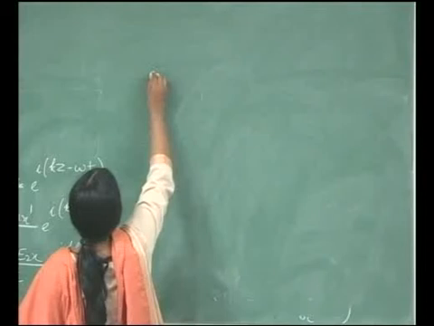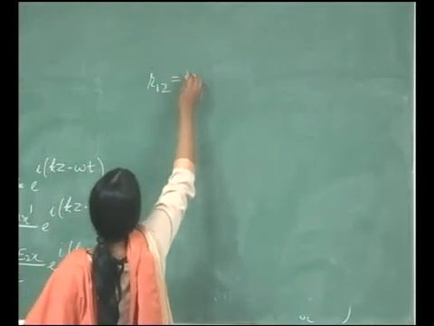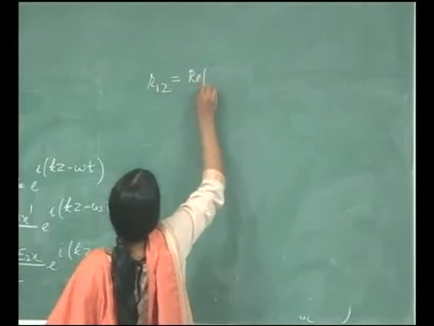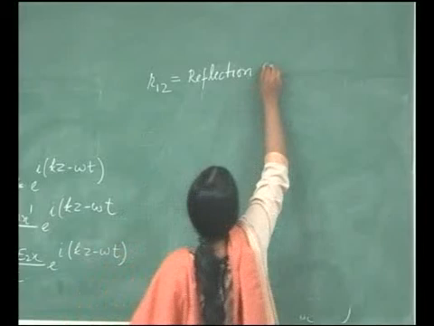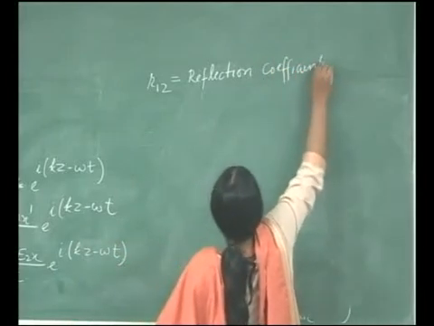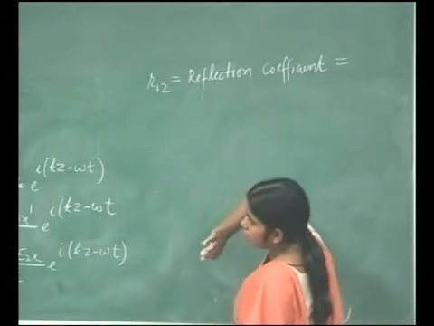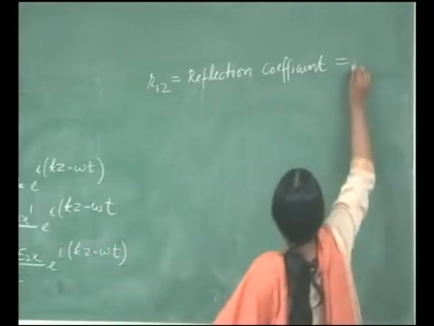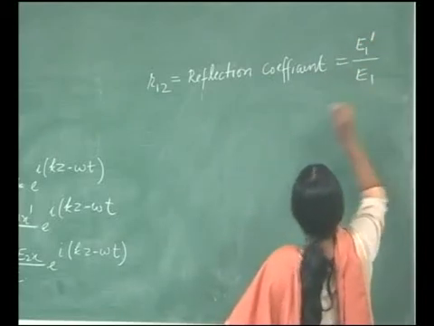So I can write that R12 is the reflection coefficient, and this should be equal to the reflected part divided by the incident part. Okay. So this should be equal to E1 dash divided by E1.